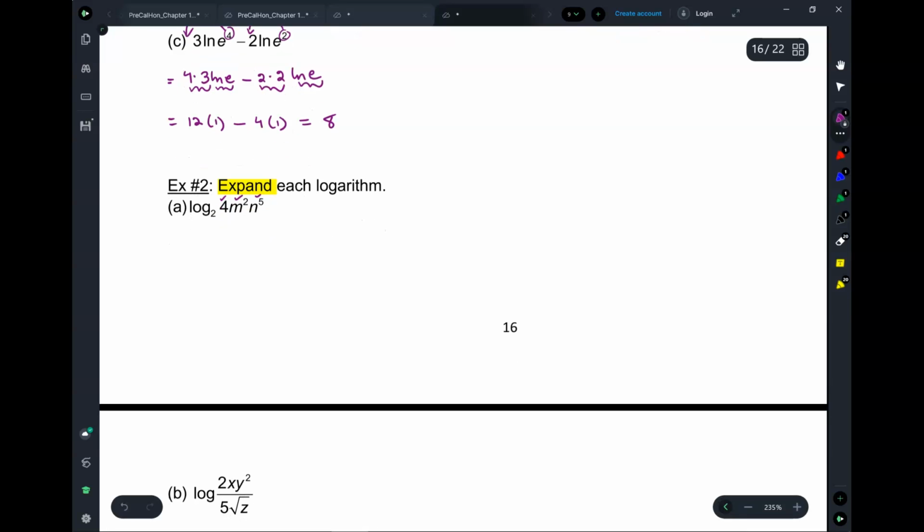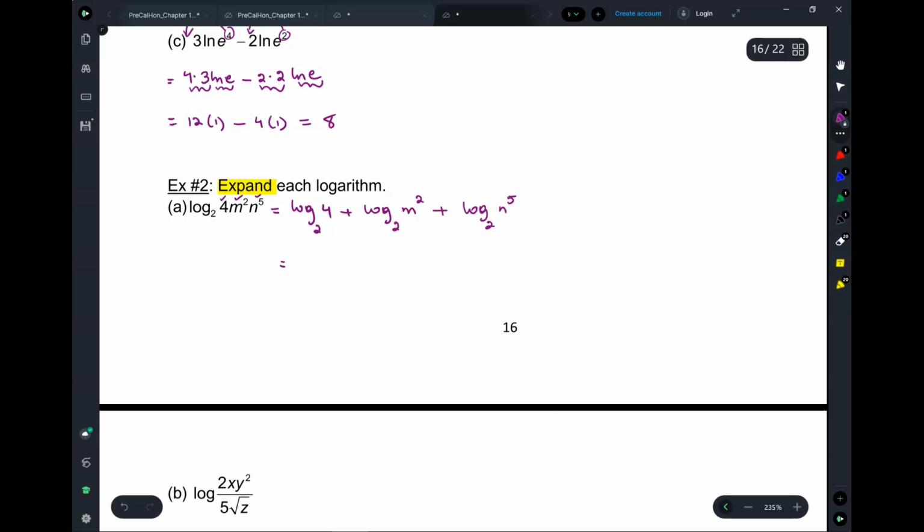So log base 2 of 4. Now, is the m multiplied or divided in this problem? Multiplied. So plus log base 2 m squared plus log base 2 n to the 5.